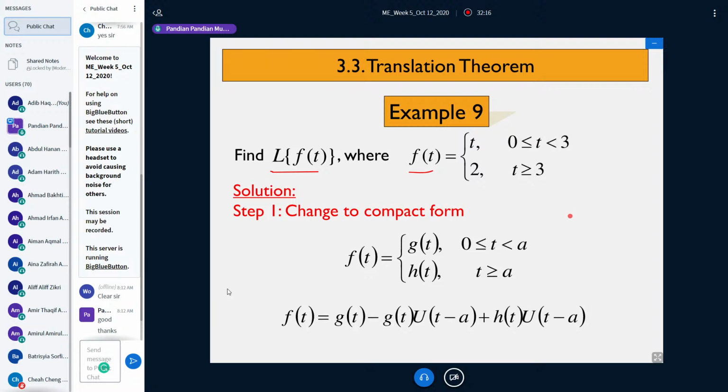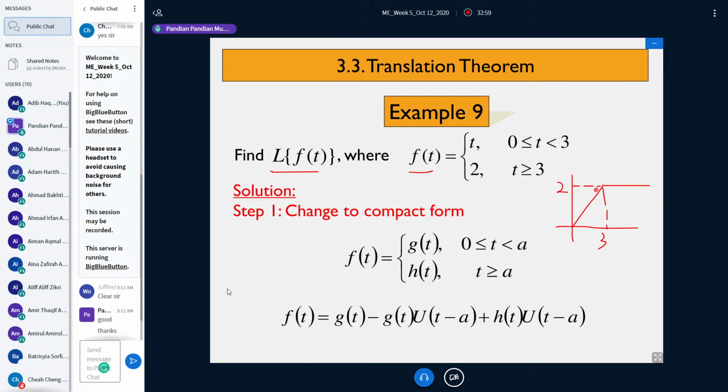From 0 to 3 it is a straight line, f(t) equals t, like y over x, this line. Greater than 3 is 2.